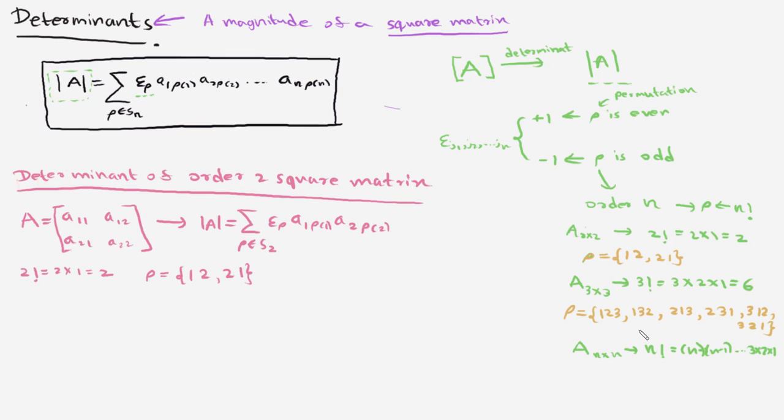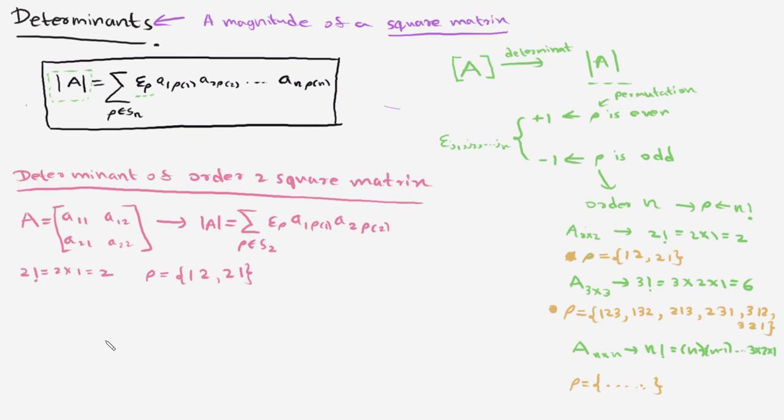So those are the permutation sets. Likewise, for an order n square matrix, there will be n factorial permutations. I can't write the permutations because I don't know the specific order. You can mechanically remember these permutation sets as well, or you can simply generate those specific sets. In our case, it's just 1, 2 and 2, 1 because it is order 2.